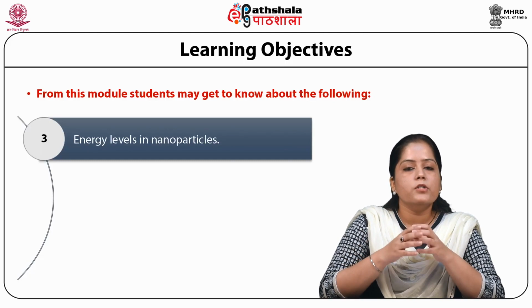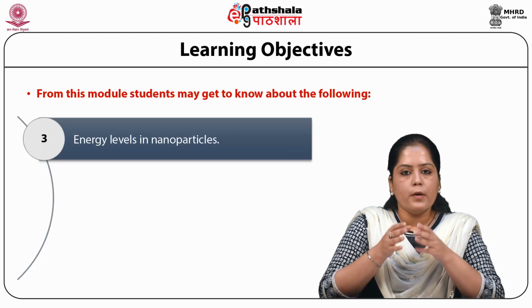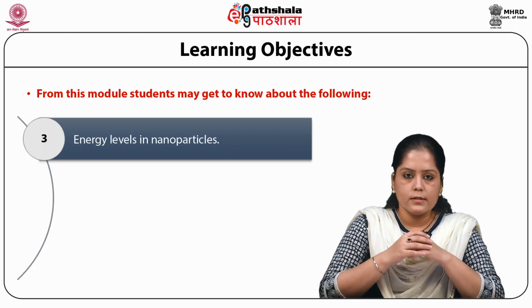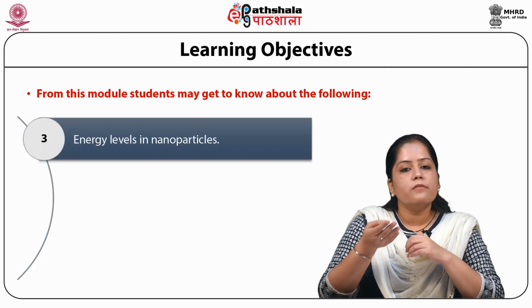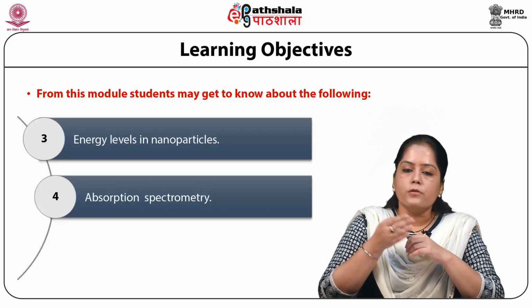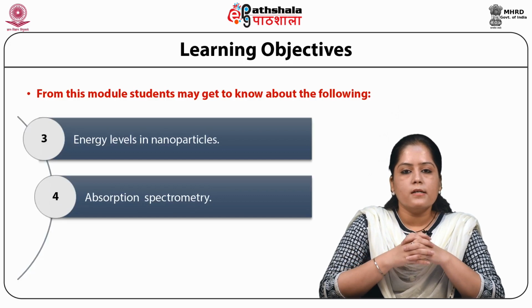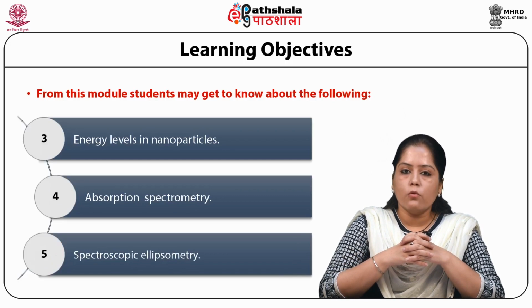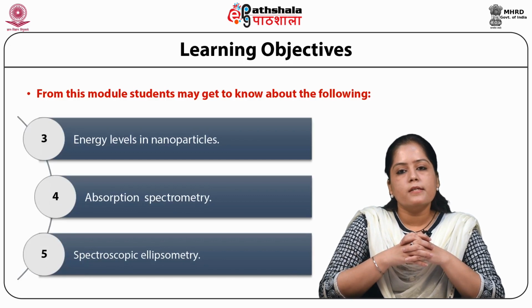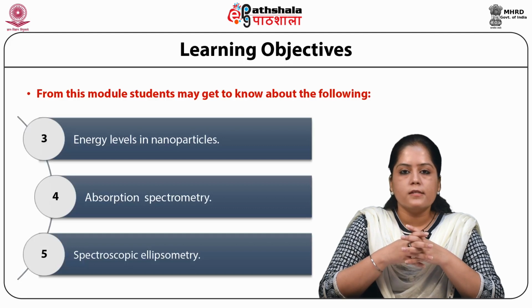Third, the energy levels in nanoparticles will be discussed. Next, we will discuss absorption spectrometry. Then we will discuss some of the spectroscopic techniques: ellipsometry, fluorescence, phosphorescence, etc. So students, let us start with a basic introduction about the module.